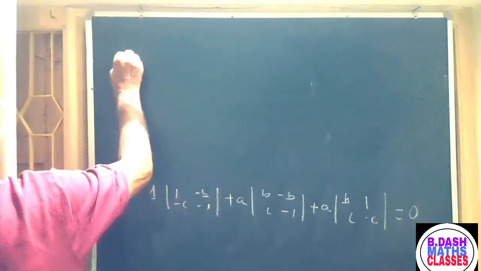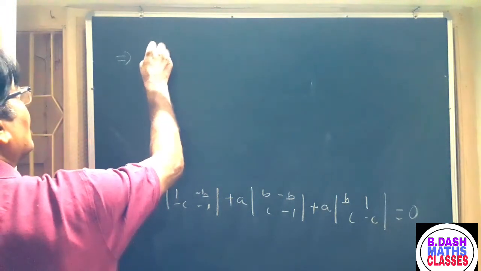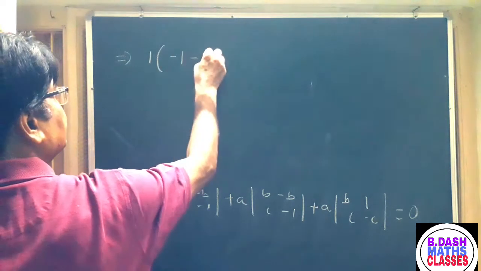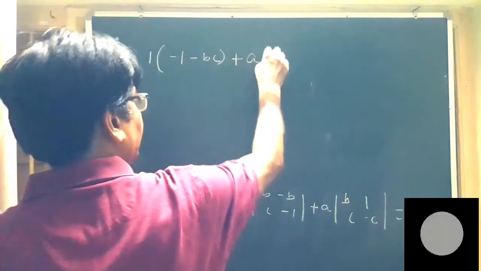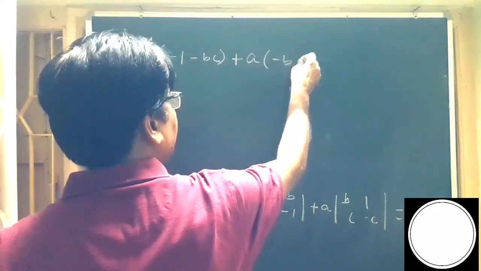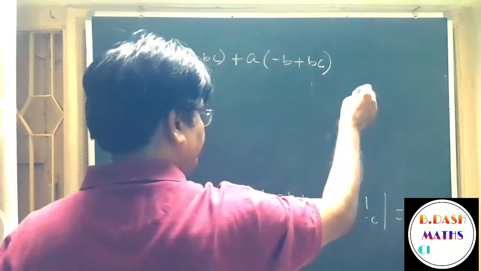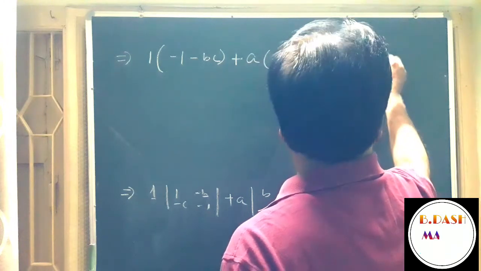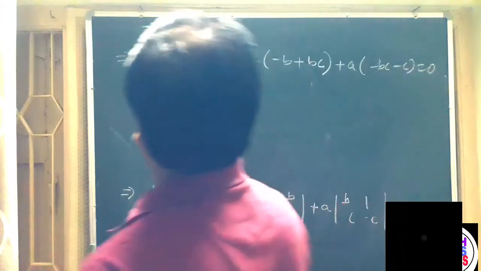So this implies 1 into minus 1 minus bc. Plus a into minus b plus bc. This is a into minus bc minus c is equal to 0.